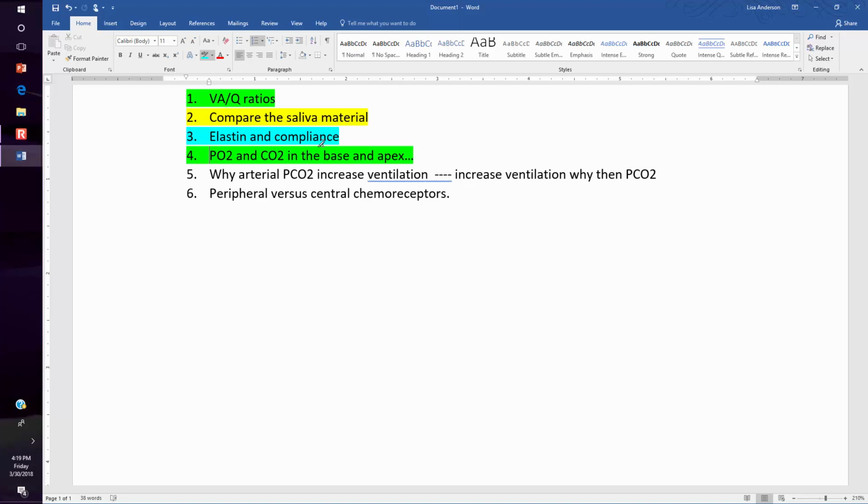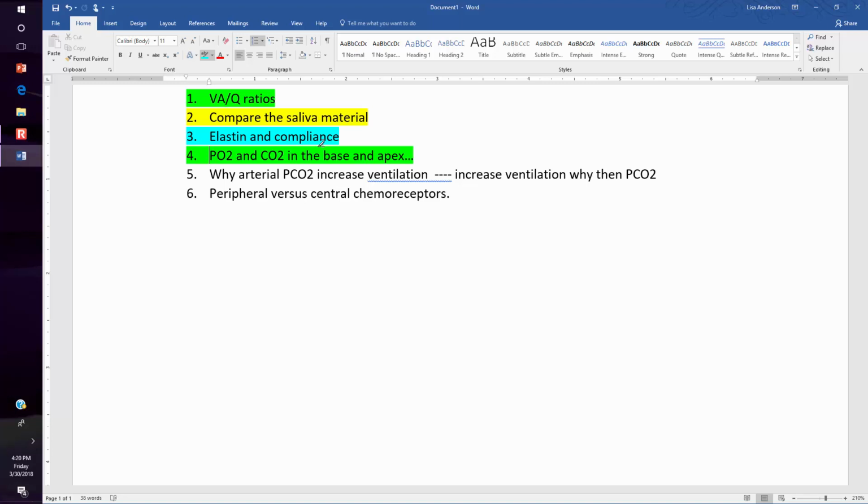So, if you are healthy, let's say a person's forced vital capacity is 5 liters.